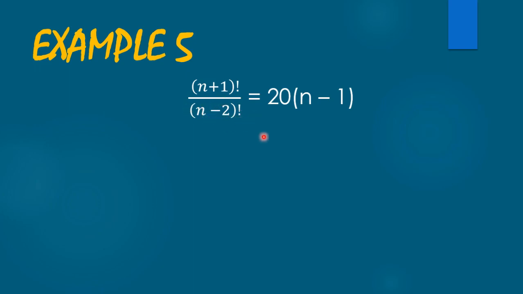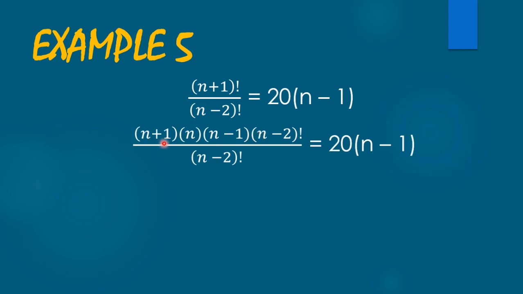So the numerator could be expressed as n plus 1 times n times n minus 1 times n minus 2 factorial. We stop at n minus 2 factorial so that we have the same expression as the denominator and it can be cancelled. So as we cancel this, we'll have n plus 1 times n times n minus 1 is equal to 20 times n minus 1.